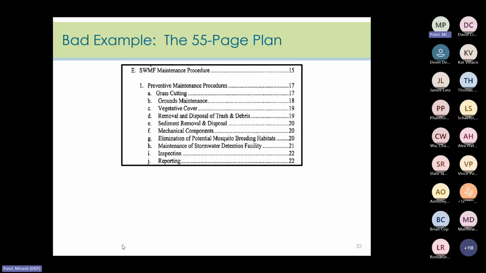Now, imagine you're reviewing a 55-page maintenance plan for a constructed wetland, and you open the table of contents and you see this. Now, you may think, well, they have a 55-page plan, they have preventative procedures, but if you look closely at the headings, A for grass cutting, F mechanical components, and H stormwater detention facility, this will indicate to you that the maintenance plan may not reflect the actual design and require some revisions.